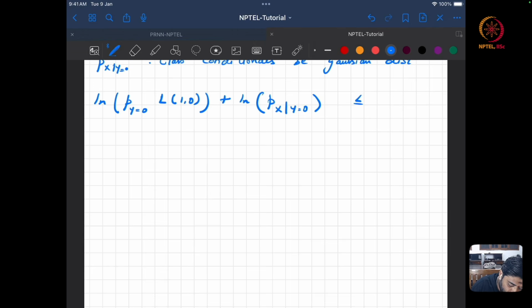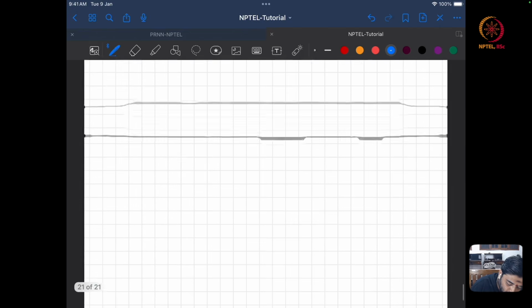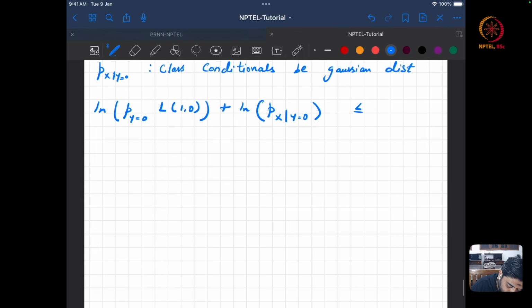This has to be less than ln of probability y is equal to 1 loss 0, 1 plus ln of probability x given y is equal to 1. Okay.